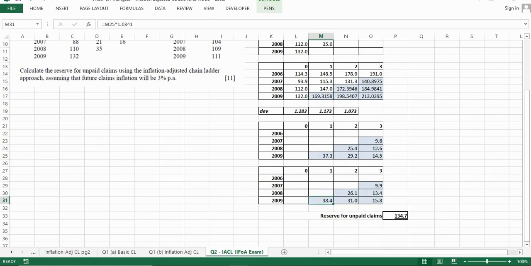Here also, because they relate to 1 year ahead. These two are 2 years ahead, and this one 3 years ahead. We sum all these figures to obtain the reserve for unpaid claims. I think it's very simple to implement the inflation adjusted chain ladder method.